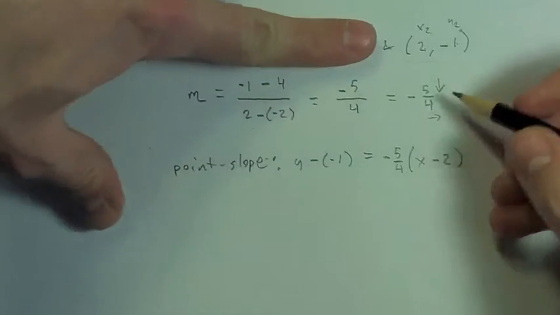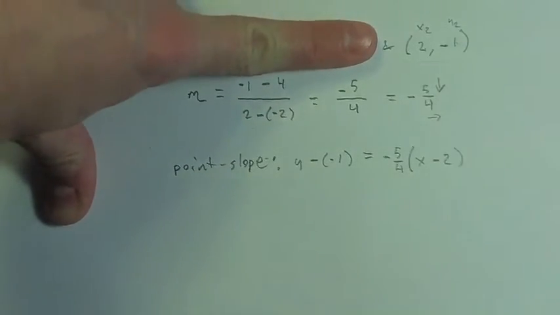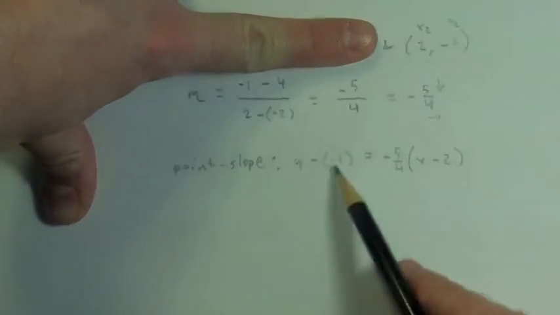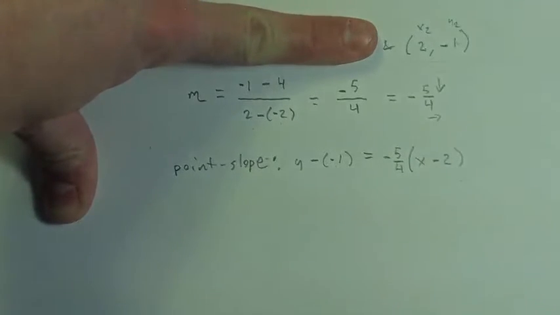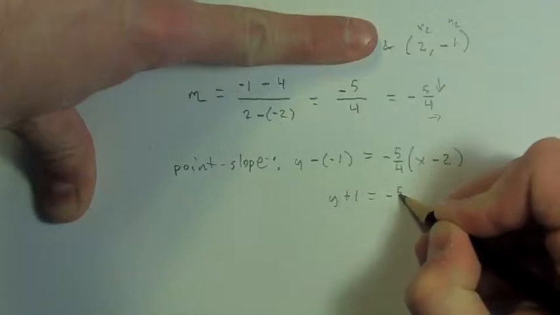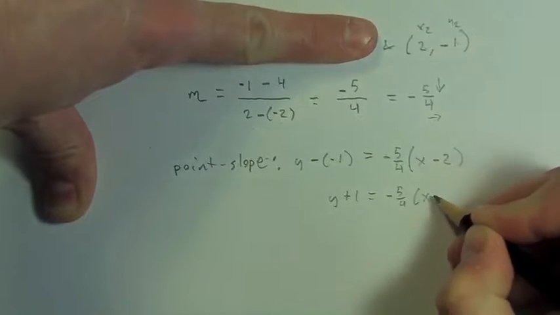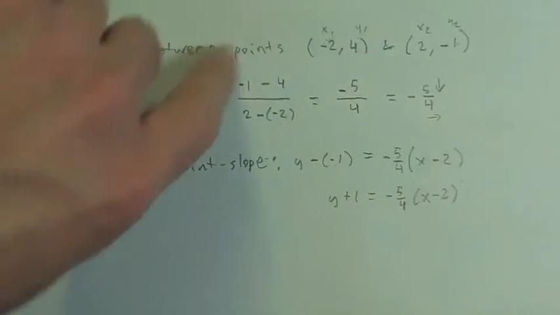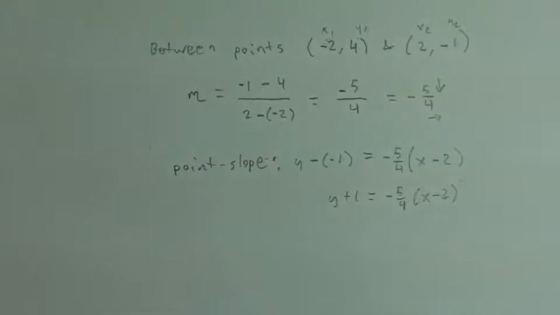Whichever point you use, just make sure you take both values out of it and put them with the right variable. So the y goes with the y, the x goes with the x. Okay, so what we end up with here is y plus 1 is equal to -5/4 times x minus 2. Okay, so there's our point slope form.